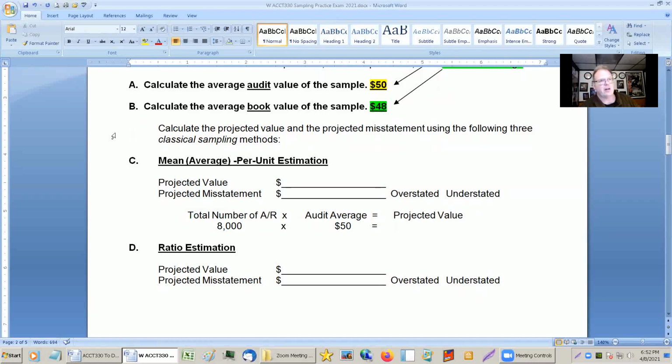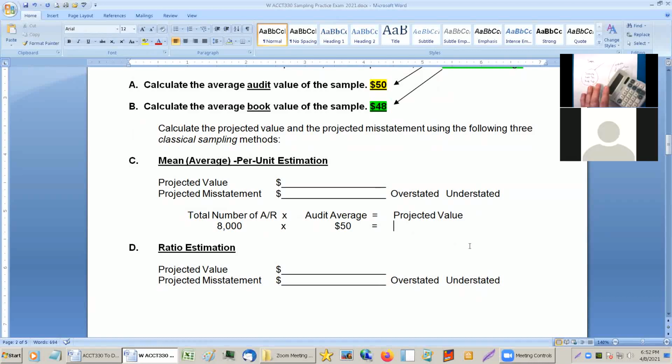Time for Mr. Calculator. 8,000, $400,000.